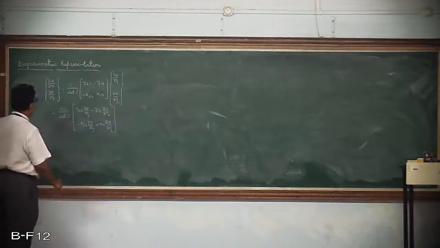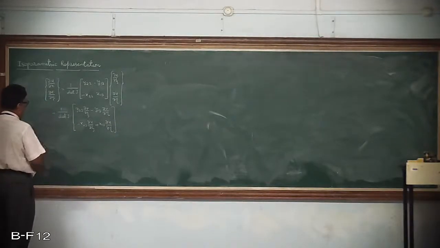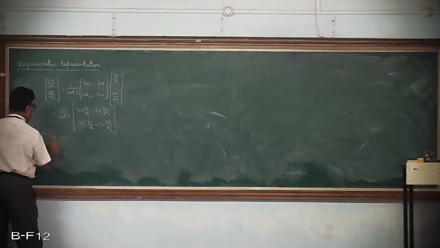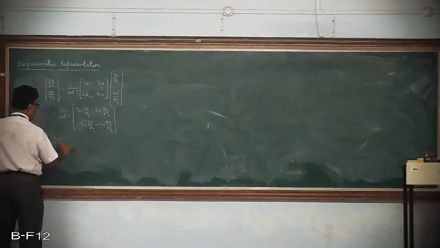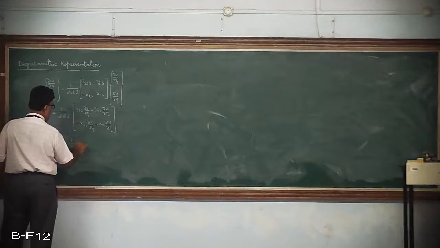So this is what I got. In this way, similarly, you can write for dou v by dou x and dou v by dou y also. What are those, tell me? 1 upon determinant of J will remain the same.